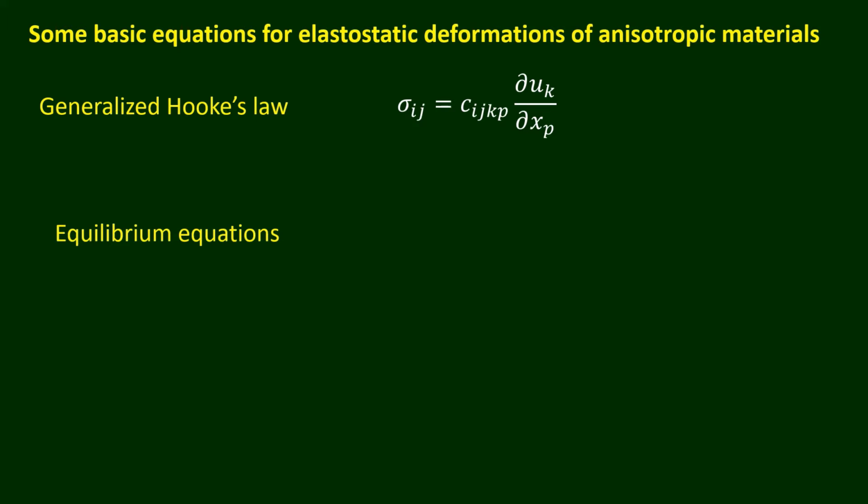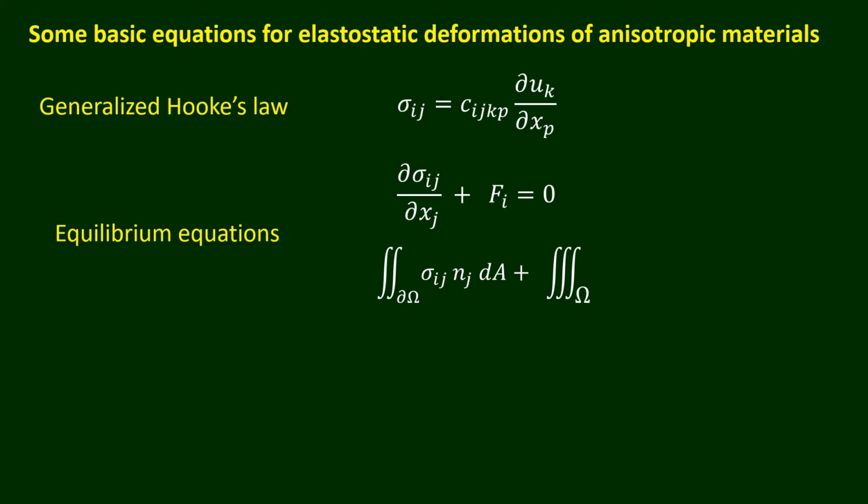The equilibrium equations are given by ∂σij/∂xj + fi = 0, where fi is the xi component of the body force acting on the material. The equilibrium equations can also be written in the integral form: the surface integral over ∂Ω of σij nj dA plus the volume integral over Ω of fi dV equals 0.